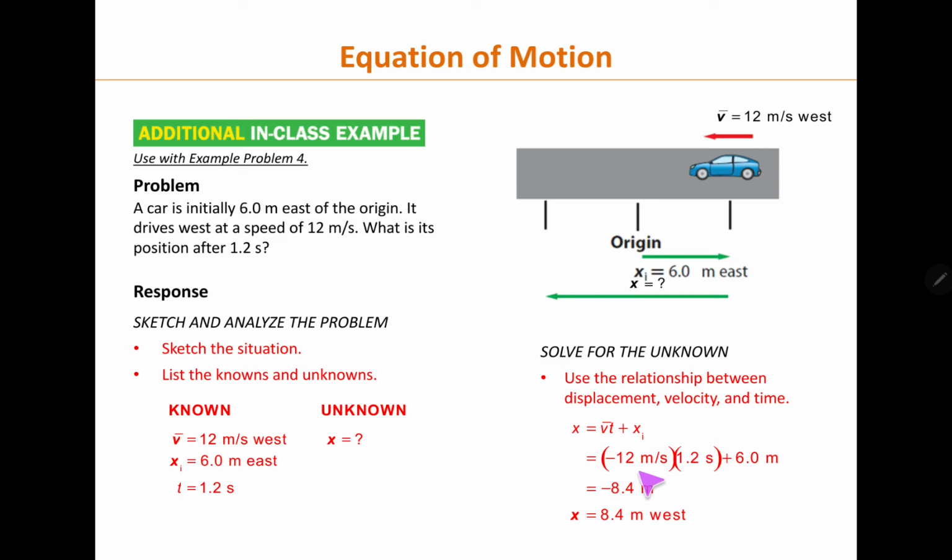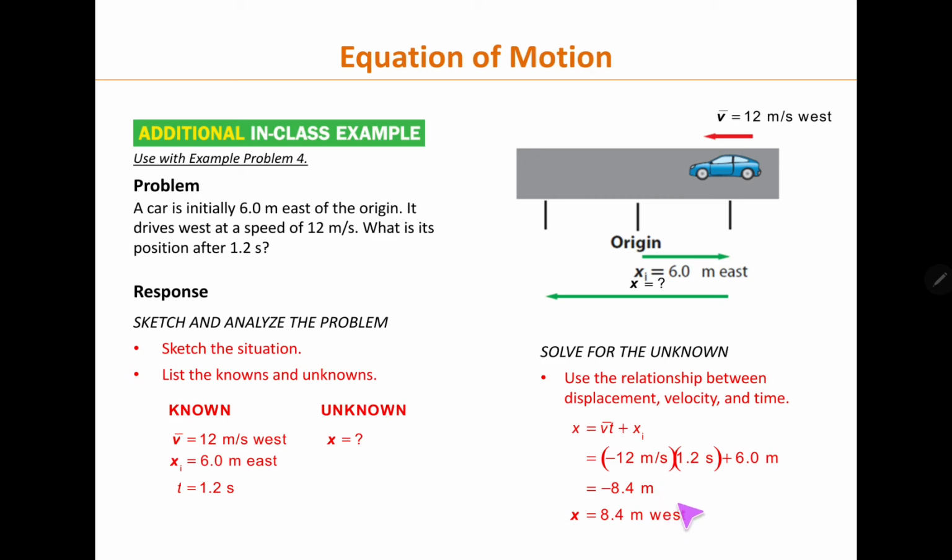Minus 12 multiplied by 1.2 plus 6 meters, the final result should be minus 8.4 meters. We can write our result like this, minus 8.4 meters, or we can say 8.4 meters to the west.